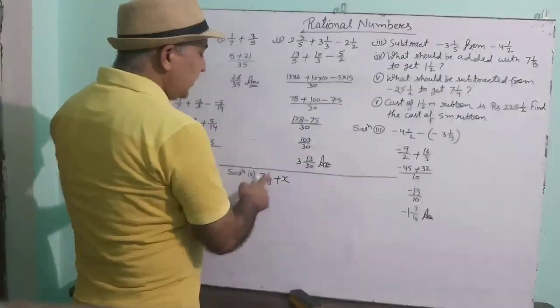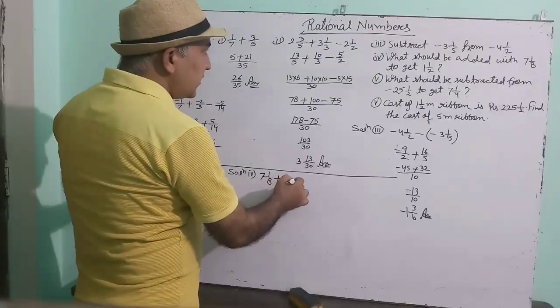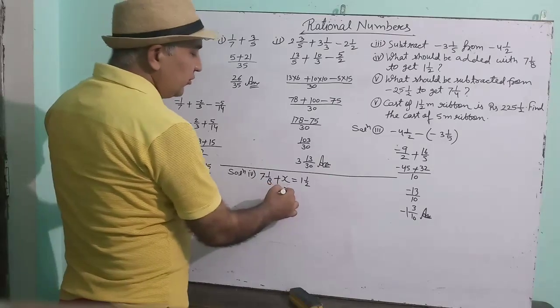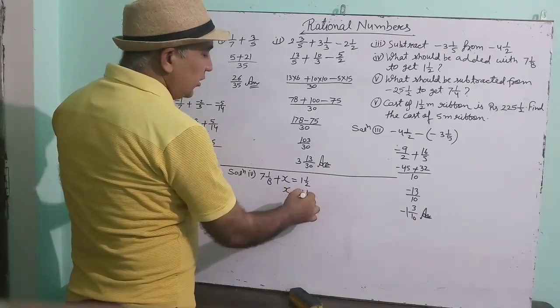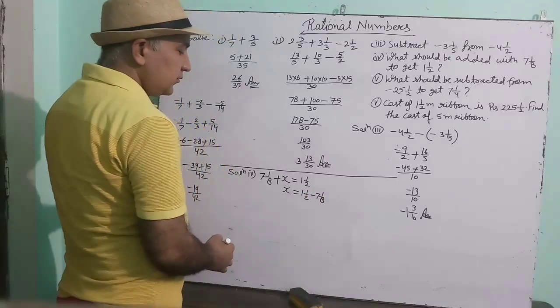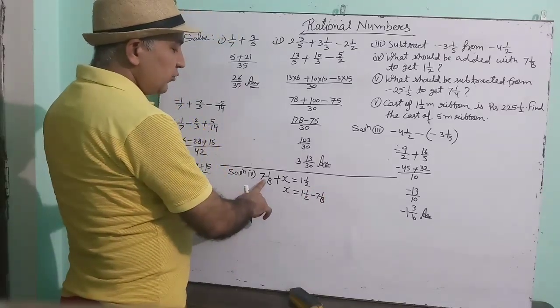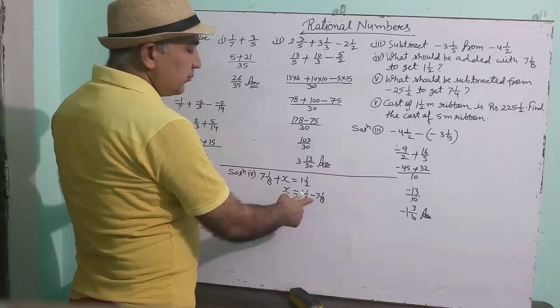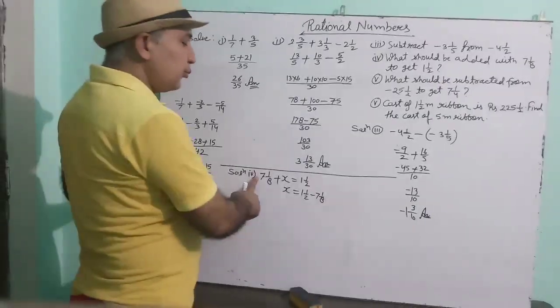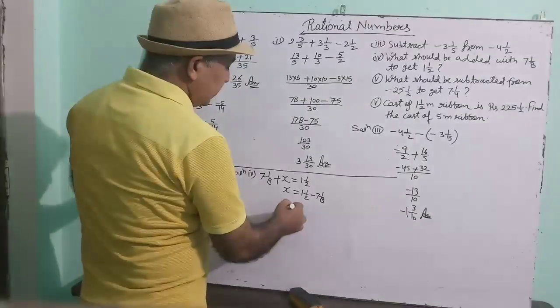Then when 7 into 1 by 8 is added with x, we are getting 1.5. Then what will be the value of x? X will be 1 into 1 by 2 minus 7 into 1 by 8. Understood? This 7 into 1 by 8 will go to the right hand side, it will become minus. Why? Because before this there is no sign. No sign means positive sign. Now solve and get your answer.